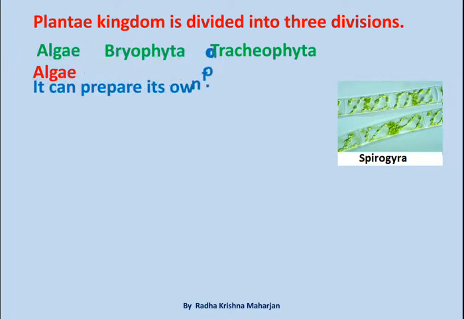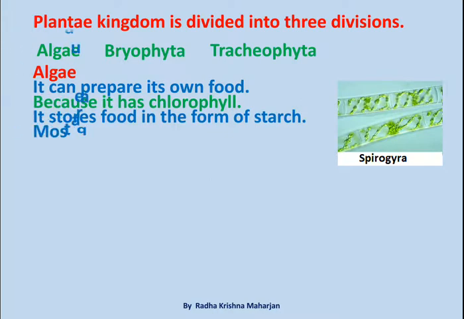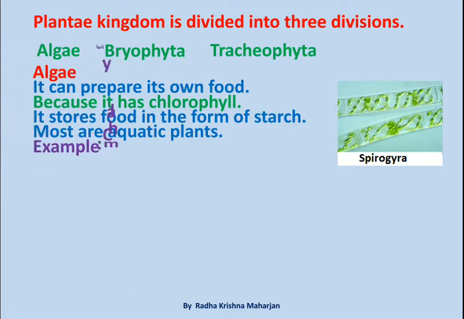It can prepare its own food because it has chlorophyll. It stores food in the form of starch. Most are aquatic plants. Example: Chlamydomonas, Spirogyra.